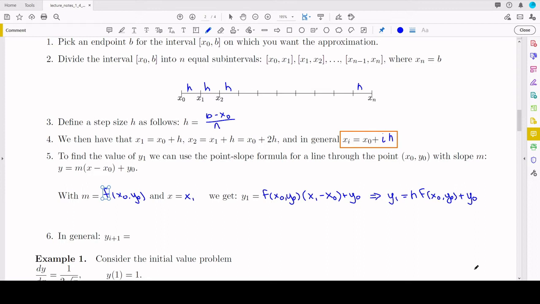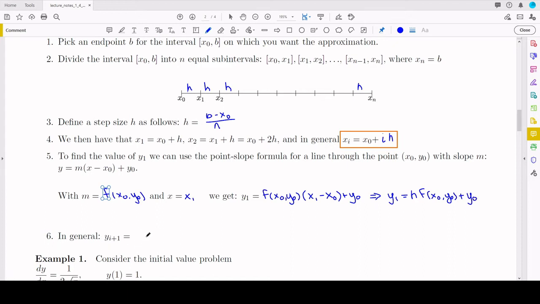Now, in general, you can show that when you do this again for y2, we still have the h here, because if we do the same for y2, we get x2 minus x1, and that's your h. You would then plug in f of x1, y1 here, and then you would put y1 here.